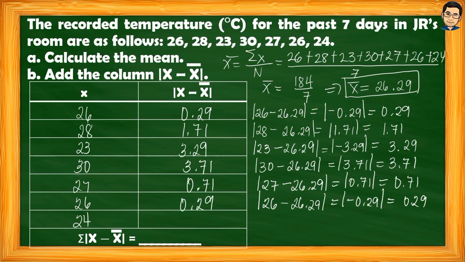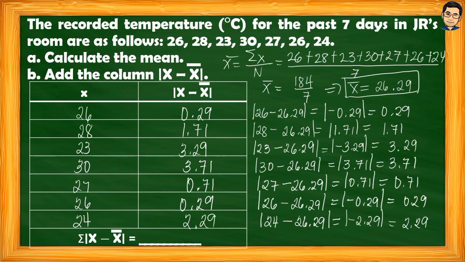And then finally, so we have 24 minus 26.29. So, 24 minus 26.29 will have negative 2.29. So, absolute value, 2.29.